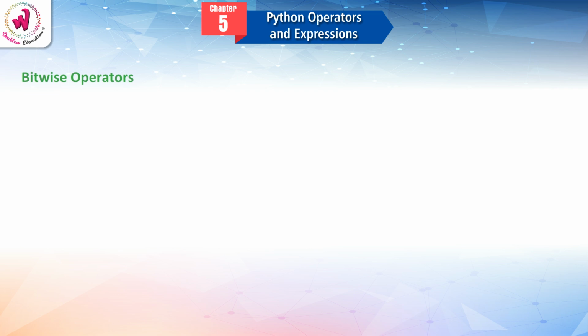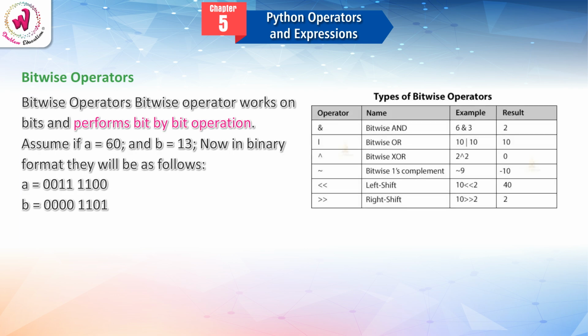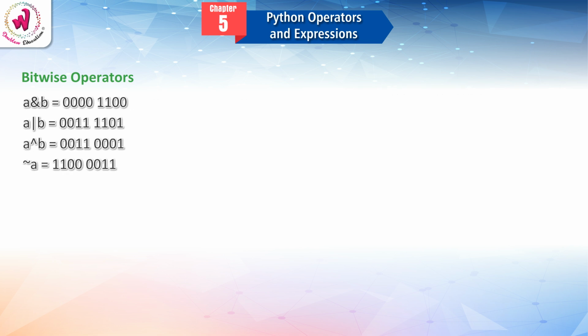Bitwise operators. Bitwise operators work on bits and perform bit-by-bit operations. Assume A is equal to 60 and B is equal to 13. Now, in binary format, they will be as follows. A is equal to 00111100. B is equal to 00001101. A and B is equal to 00001100.